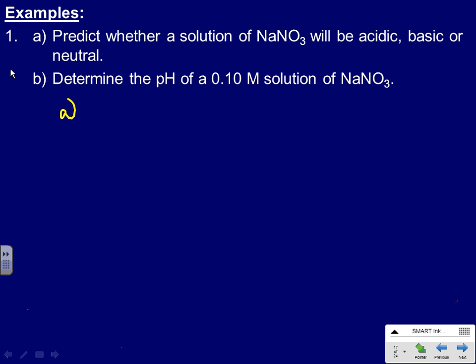Dissociate it first. Take a look at the ions. Spectator, not a spectator. You can write out the hydrolysis if it happens, so we can predict whether it's acidic or basic or neutral. Then we move on to the next question.